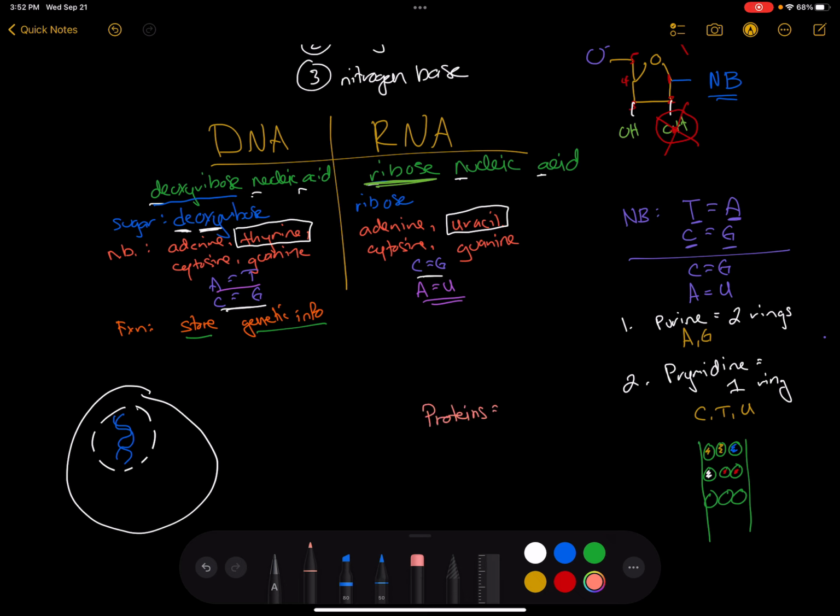Proteins, we've always said, are going to build a physical organism. All right, well, if I have proteins, that means I need to make them. How do I make them? I make them at the ribosome structure, because what ribosomes do is they link amino acids.